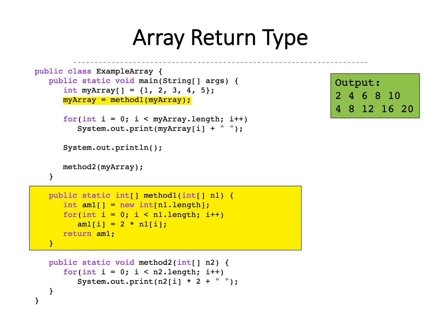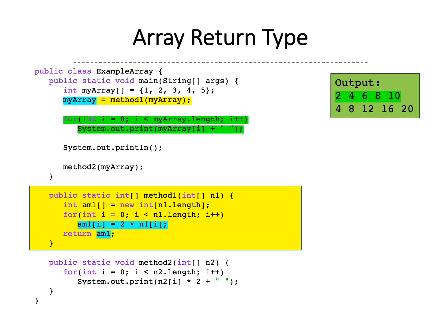In the main method, when we call method1, the array value that is returned is kept in an array called myArray. So when we run this code, after it calls method1 and passes in myArray, which is the whole array, we have the for loop to display the values of myArray.